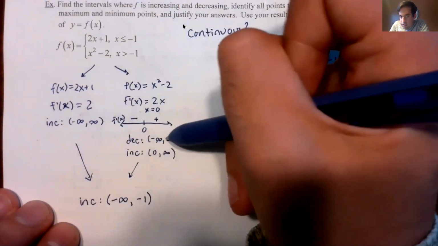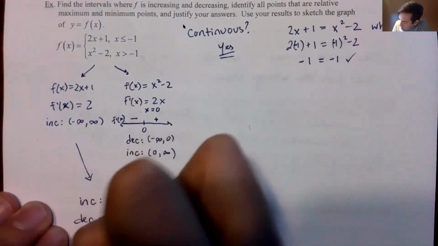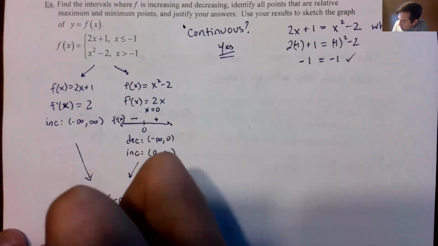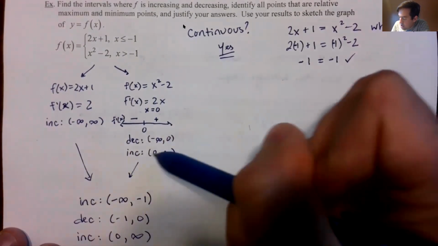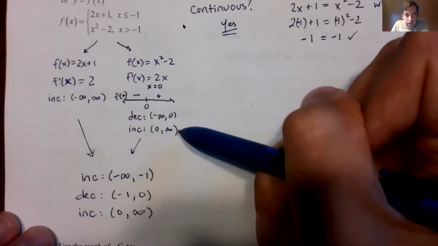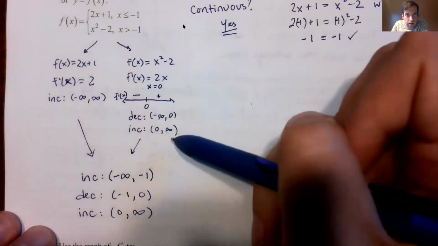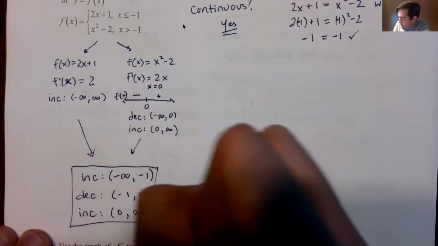So from -1 to 0, we're in this decreasing section. And then we're increasing again from 0 to infinity. That whole region here is included in our interval, right? Because this is for x greater than -1. So here's our combined increasing and decreasing behavior.